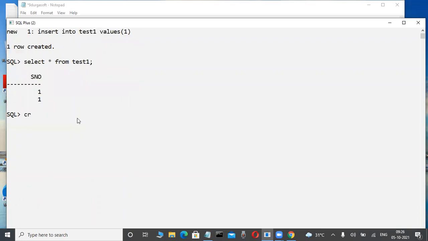Again, another table, test2, they give, pen and paper only. Create table test2 with s number of 10.